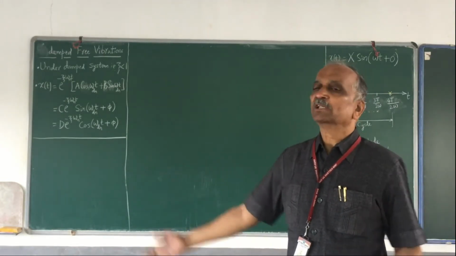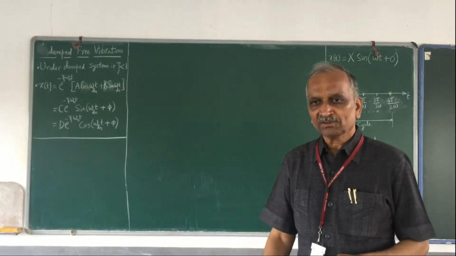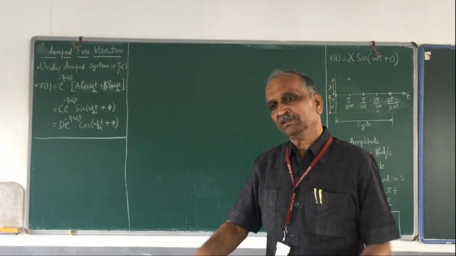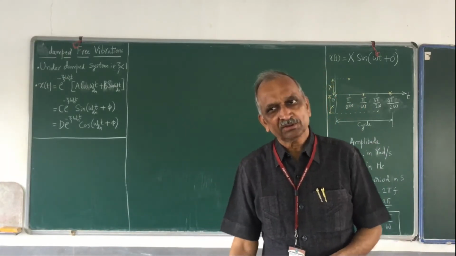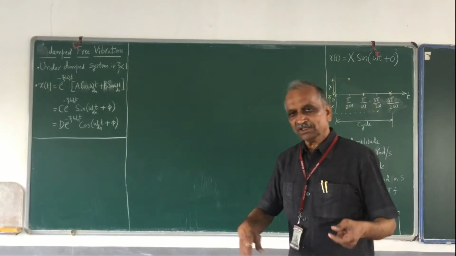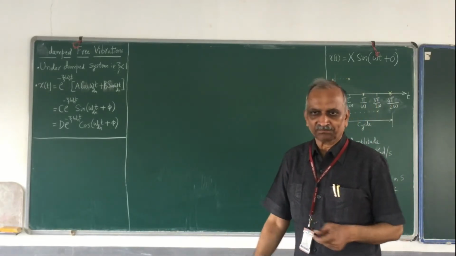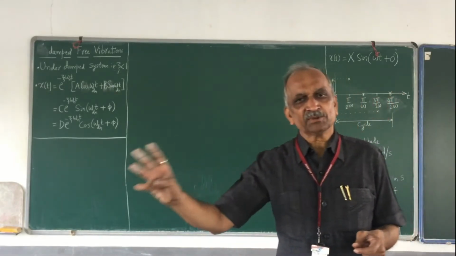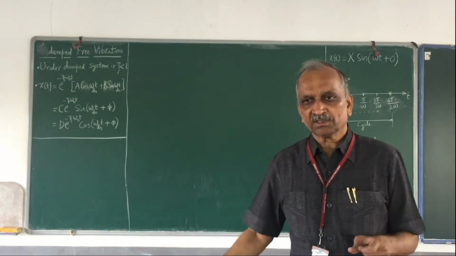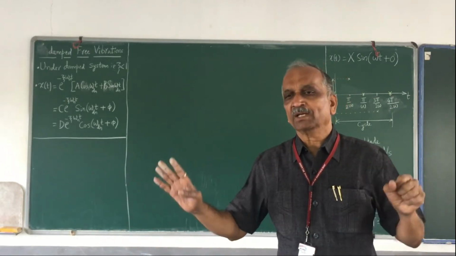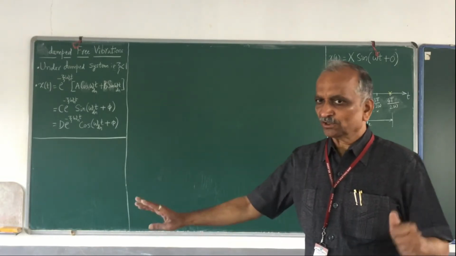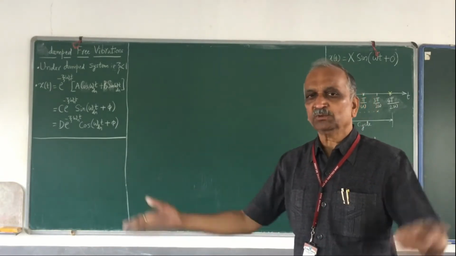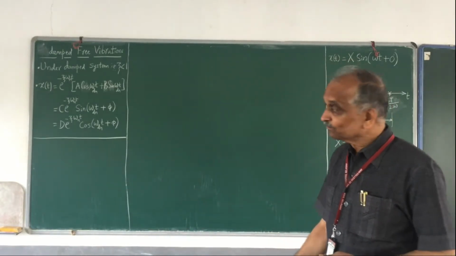If zeta is more than 1, then you will not have vibrations. If zeta is equal to 1, then also you will not have vibrations. If zeta is equal to 1, it is called a critically damped system. In case of critically damped system and overdamped system, you will not have free vibrations, and hence these are the circumstances under which we are not going to have vibrations.